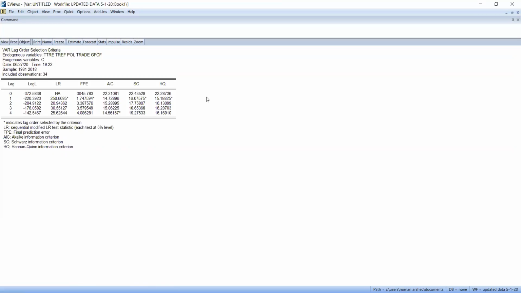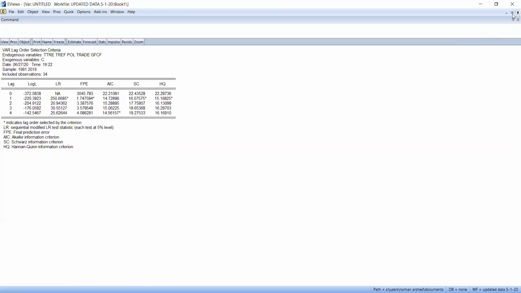If the power is higher than the complicatedness, it will stop. Otherwise, it will say that you should add more lags. Currently, it is saying that 1 lag is sufficient because our data is not long enough, with 34 observations. If you have long enough data, or if your data is quarterly or monthly, it may suggest more lags. So this is the lag length criteria.